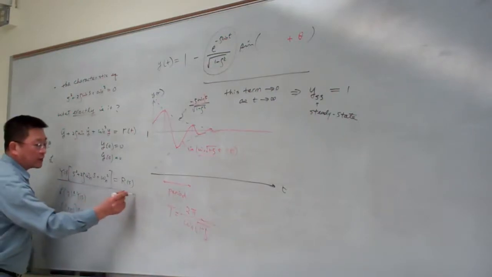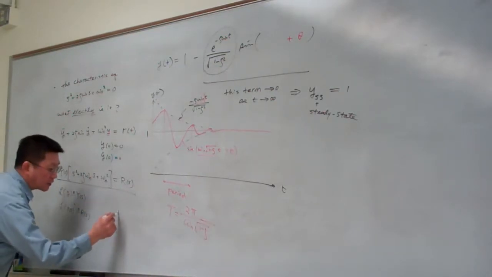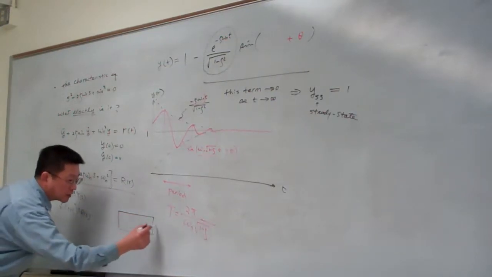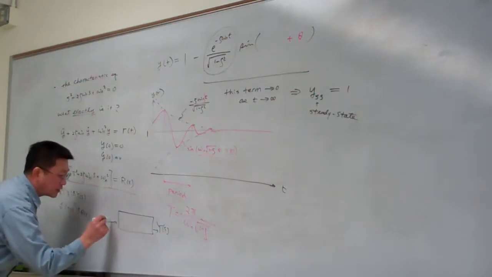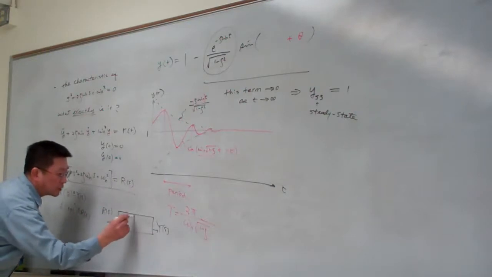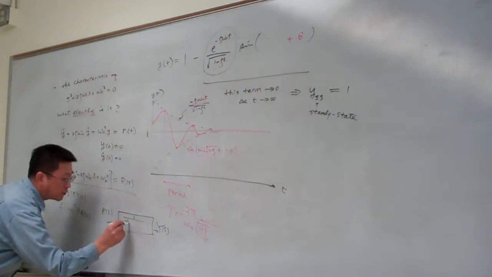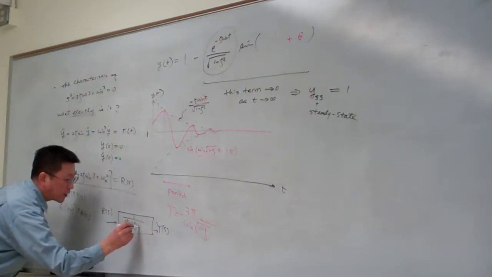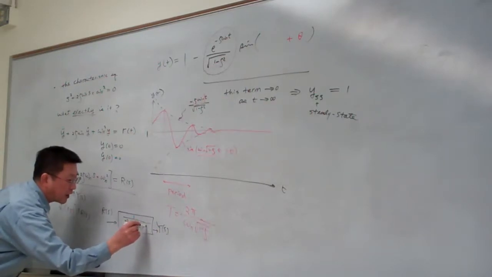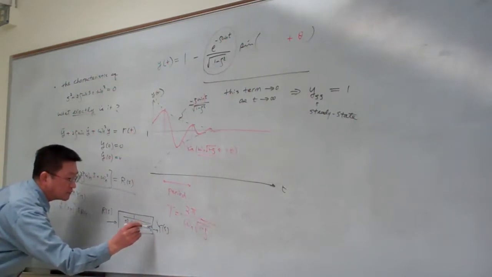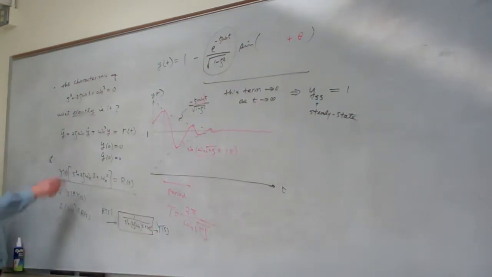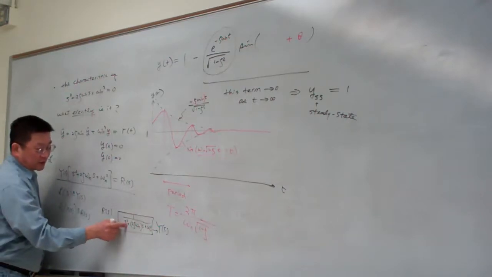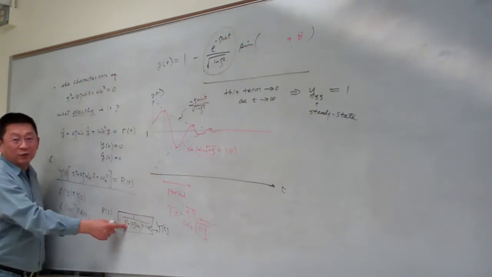With this ready, we can put it into block form: this is Y(s), the output, and this is our input R(s). This block is simply s squared plus 2 zeta omega n s plus omega n squared. So what is the characteristic equation in reality? It is setting the denominator of this equal to 0.